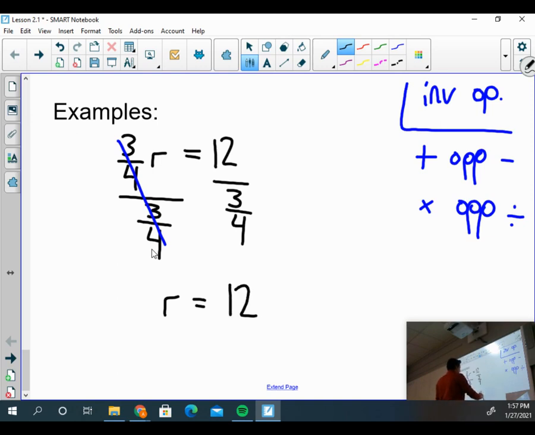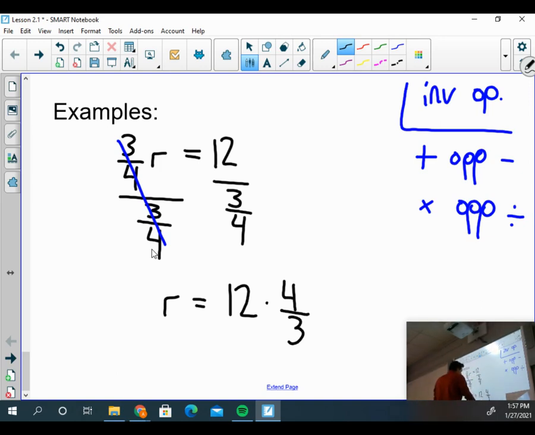Well, 12 divided by 3/4 is the same thing as multiplying 12 by 4/3. Again, when dividing fractions, don't ask why, flip the second, flip the denominator of the fraction, and multiply. In other words, take your 12 here, your numerator of your fraction, and multiply it by the reciprocal of the denominator. Like you see here.